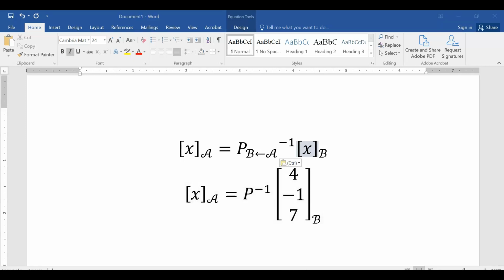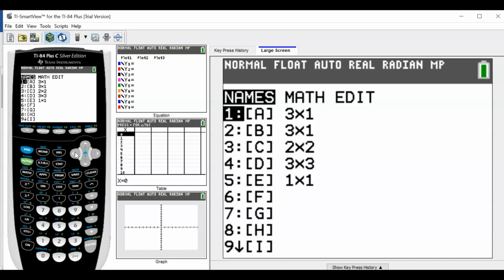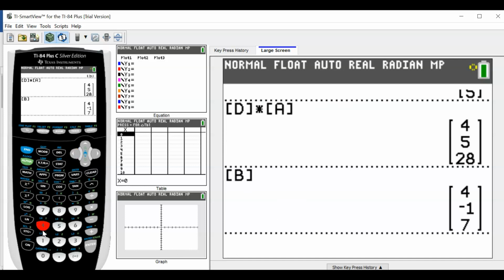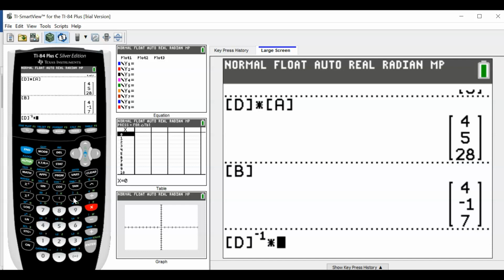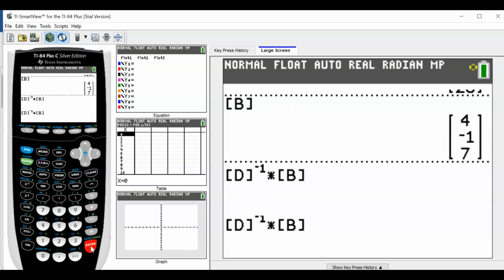Now I'm going to use my calculator to do that. I already have my matrix B, which is my vector that I'm using here, 4, -1, 7. You saw earlier that I already had my D in there as the matrix. So all we have to do is go to matrix D, that's 4. We're going to do the inverse of that times matrix B, which is 2.